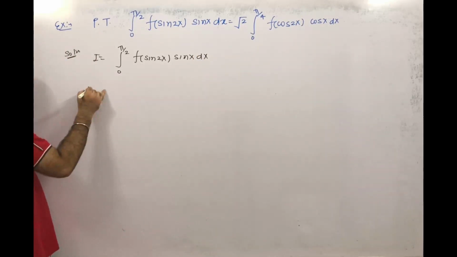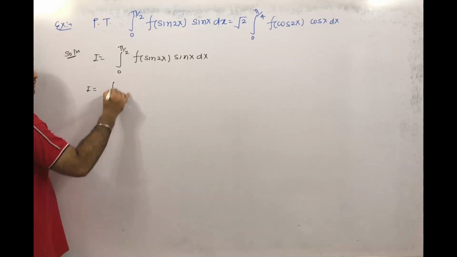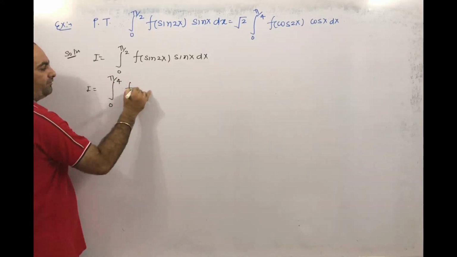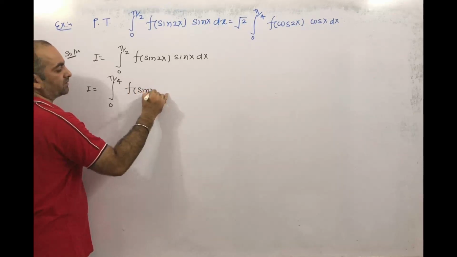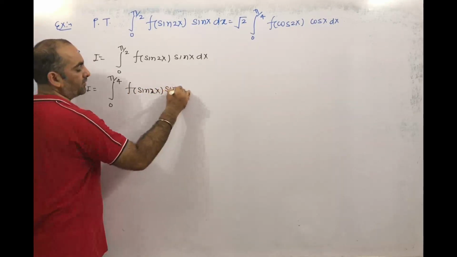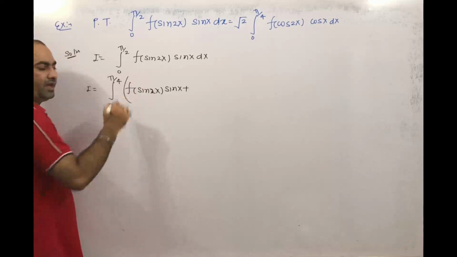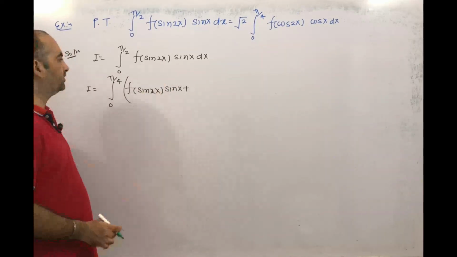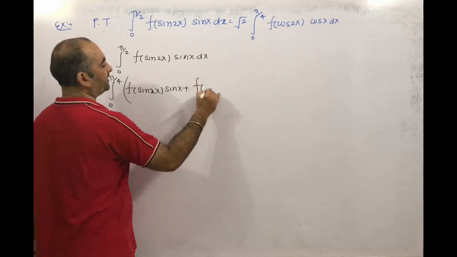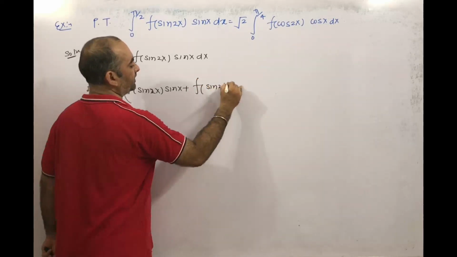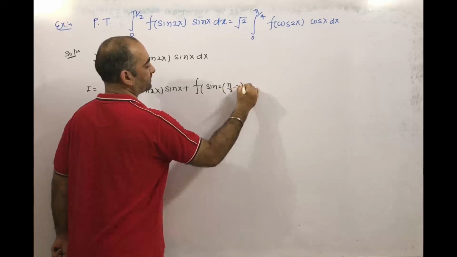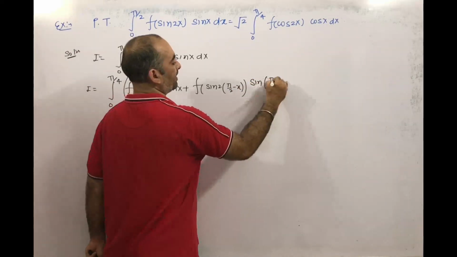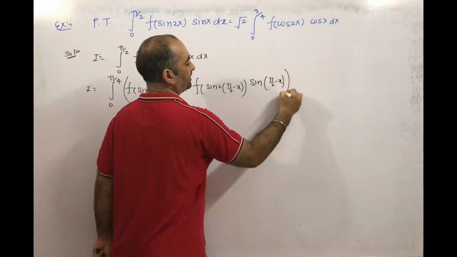So this one we can add: I equals the integral from 0 to pi by 4 of f of sin 2x sin x plus f of sin 2 times pi by 2 minus x into sin of pi by 2 minus x dx.